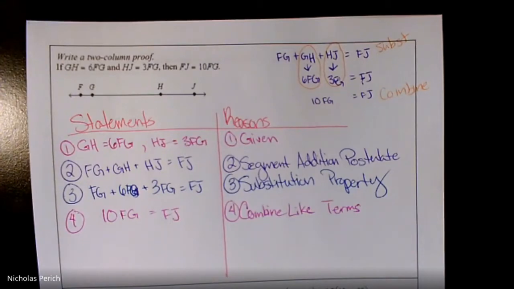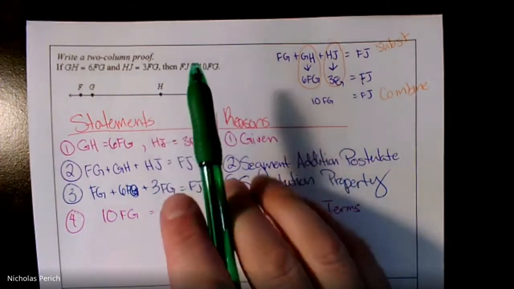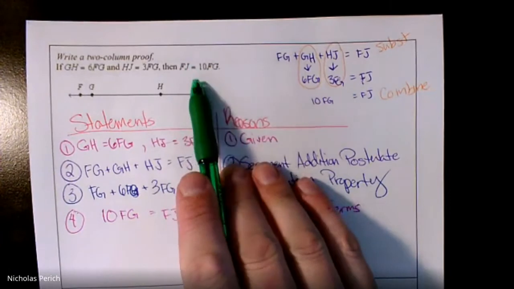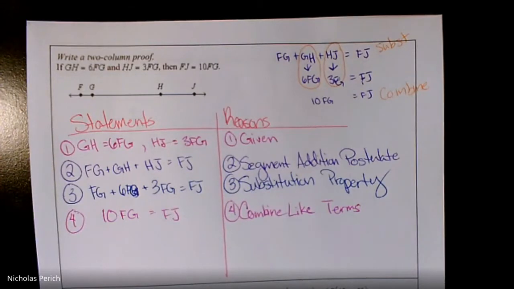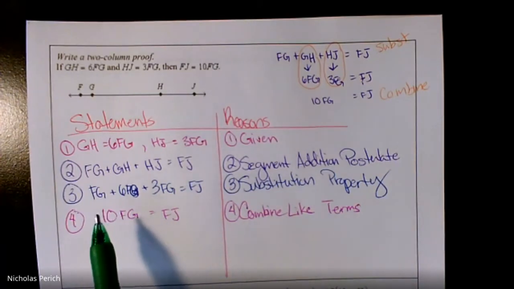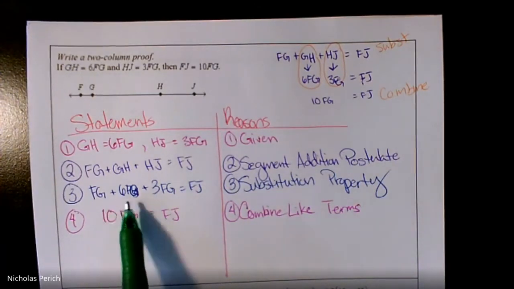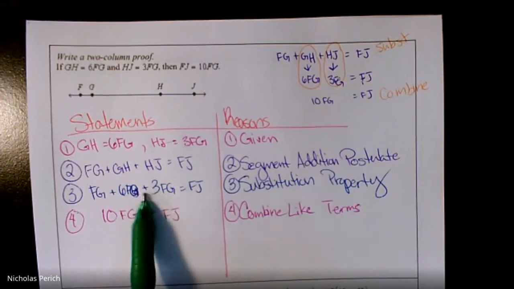Now the problem is the proof is asking for FJ equals 10 FG. I know here on statement 3 is FG plus, that's supposed to be 6FG.